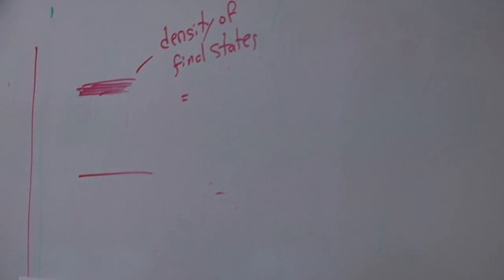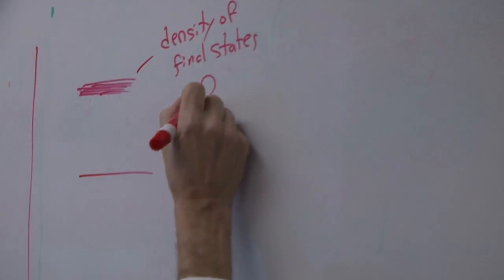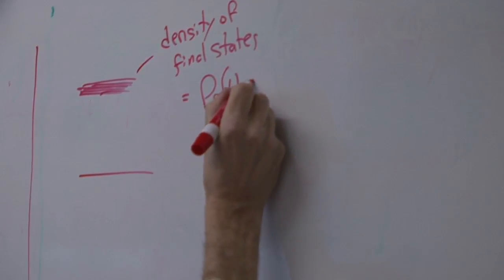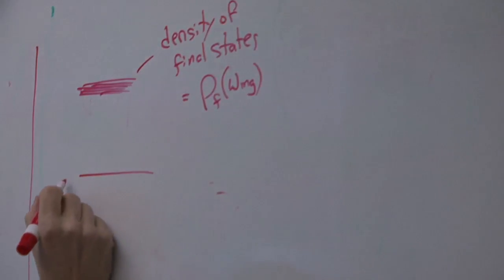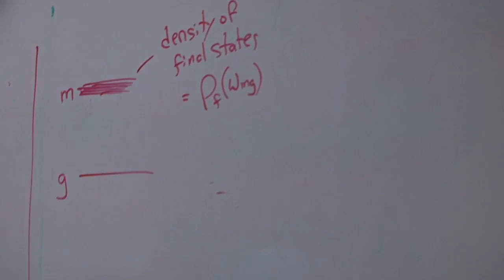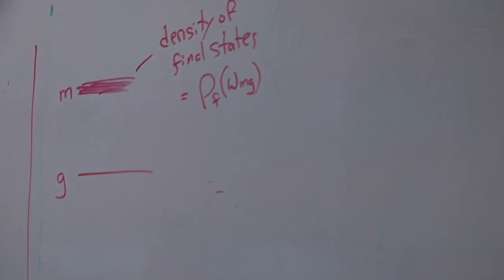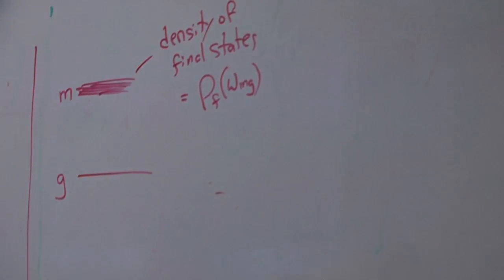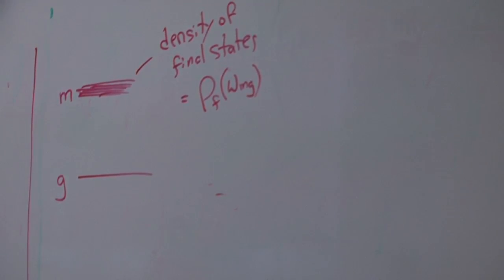And we can call this rho_f of omega_mg. This is g, this is m. So here the density would be a delta function. Here the final state is spread out into a continuum.